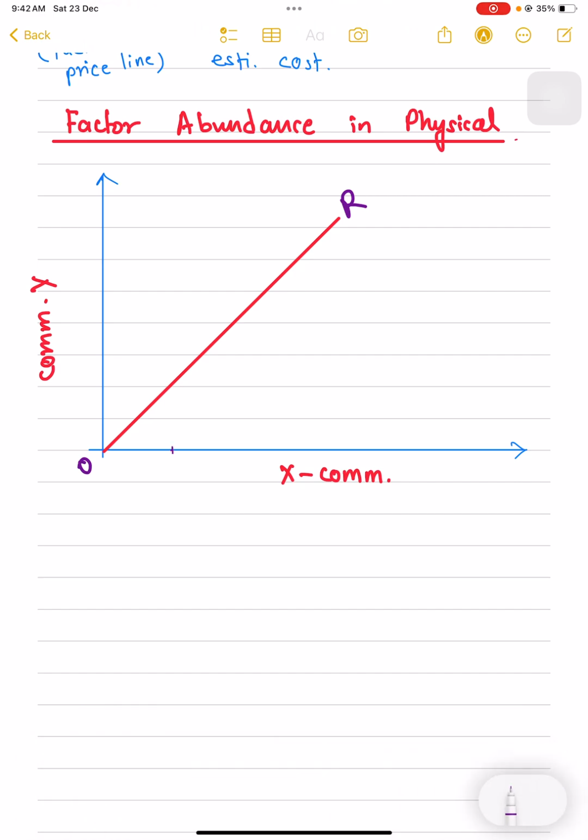In order to produce, let's say, 1 unit of X, it will require 1 unit of Y. In order to produce 4 units of X, it will take 4 units of Y. So the OR line shows this equal proportionate line. Now we will draw the production possibility curve.